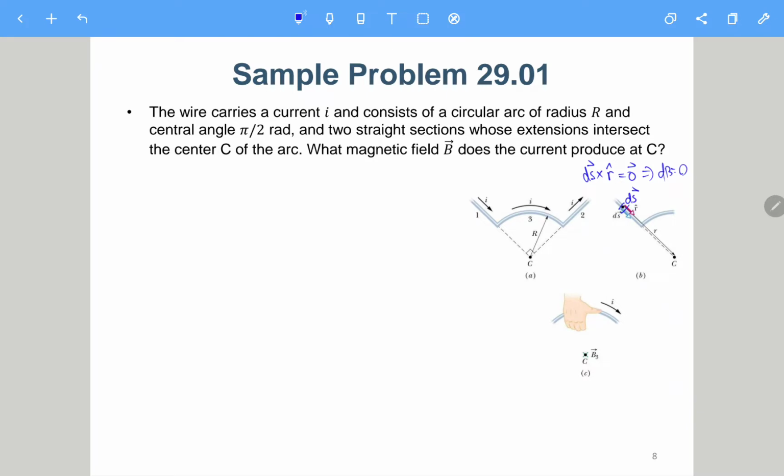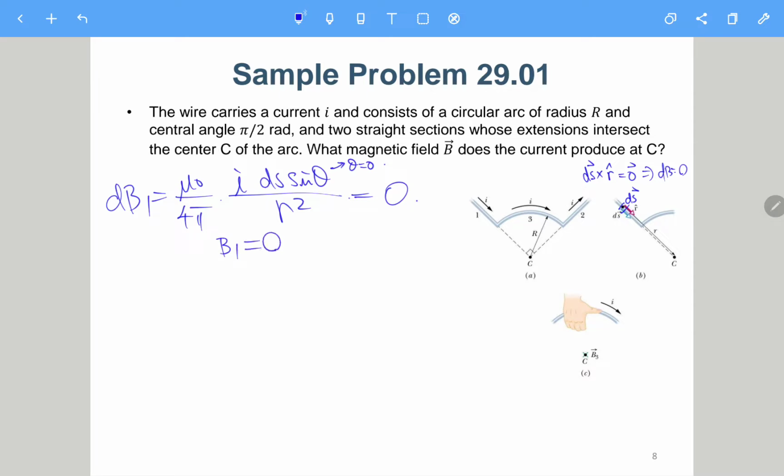We can write dB equals mu 0 over 4 pi times I ds sine of theta over r squared. Here we know that theta equals 0, so this whole term is 0. So B1 is nothing but 0, and similarly B2 equals 0. Here theta equals 180 degrees, so we can use the same equation to see that.